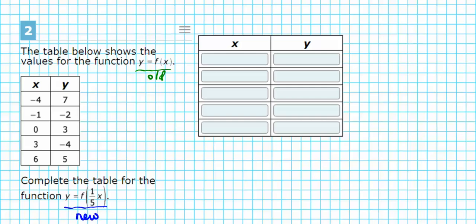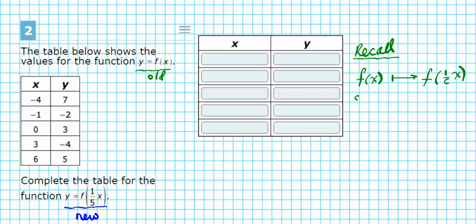All right, something I would like you to recall before we start on this problem: if you're going from f of x, your old function, to f of 1 over c of x, this transformation represents a horizontal stretch.